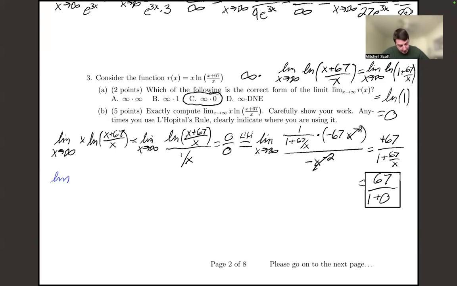Let's see what happens if I do the limit as x goes to infinity, and instead of moving the x down, I move the ln of all that down. So I get x over 1 over ln of, and I'm going to make my life easy, 1 plus 67 over x.